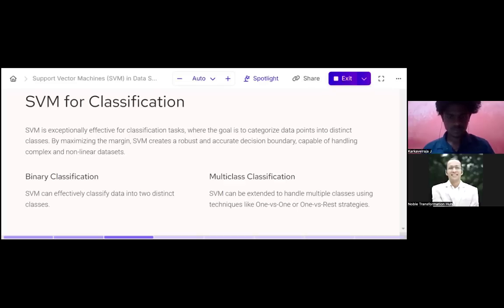Binary, bi means two, if you understand the basic nature of a particular word. SVM can be extended to handle multiple classes using techniques like one versus one or one versus rest strategies.